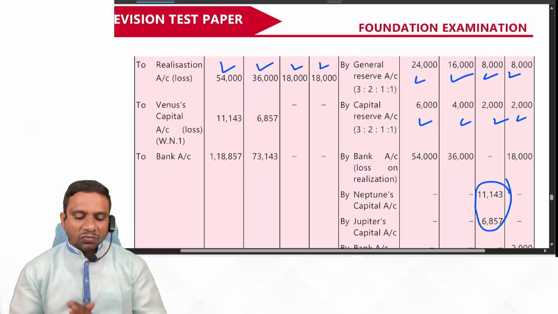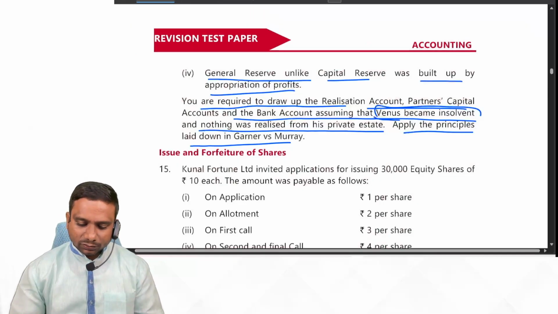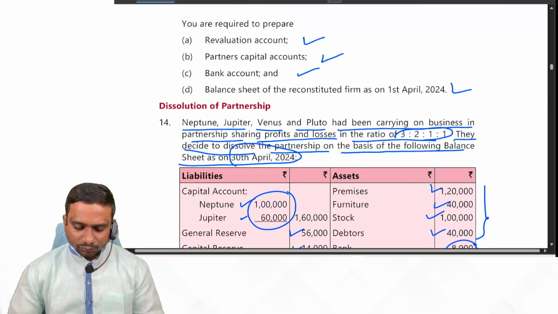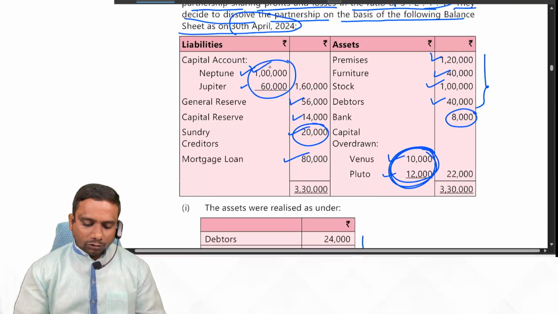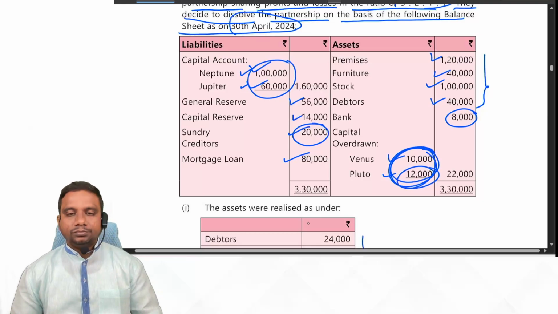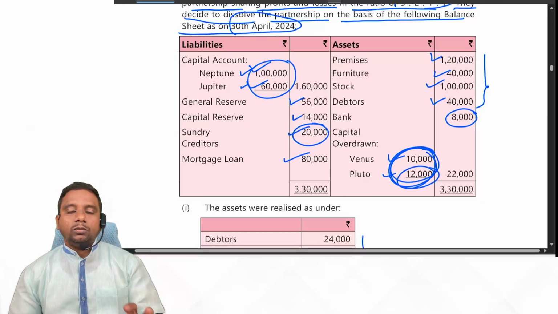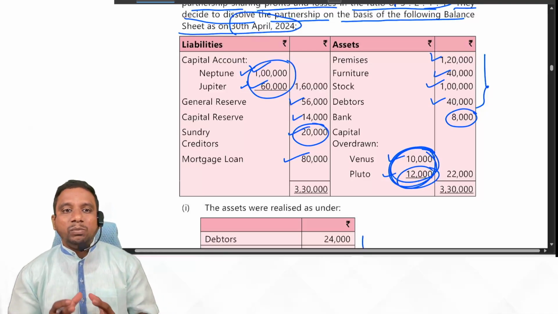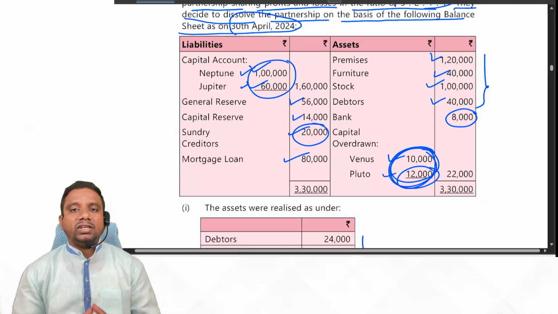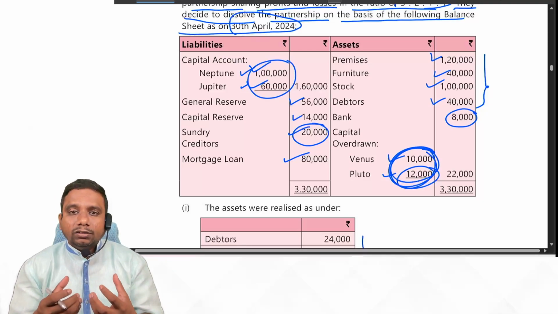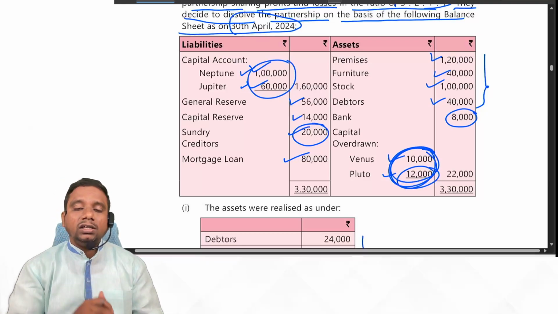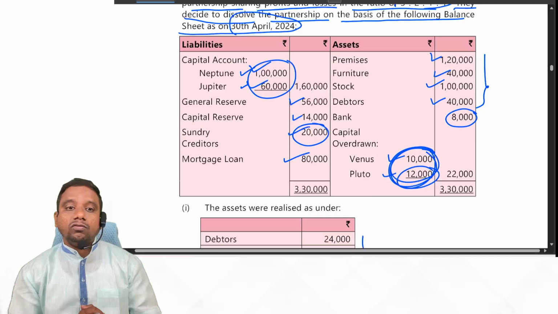Important aspect. Now here the remaining three partners. Who are the remaining three partners? Neptune, Jupiter, and Pluto. As per the Garner versus Murray rule, the partner whose account is showing a debit balance before the insolvency of any partner, we will not ask him for any amount to bear the loss of the insolvent partner.